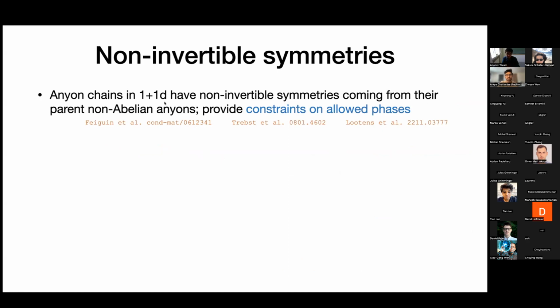These anyon chains were constructed as sort of children of non-abelian topological orders. So they're defined as 1 plus 1D Hamiltonians whose Hilbert spaces have the structure of fusion trees of anyons. And once you construct these Hamiltonians, they naturally have non-invertible symmetries, and those constrain the allowed phases.